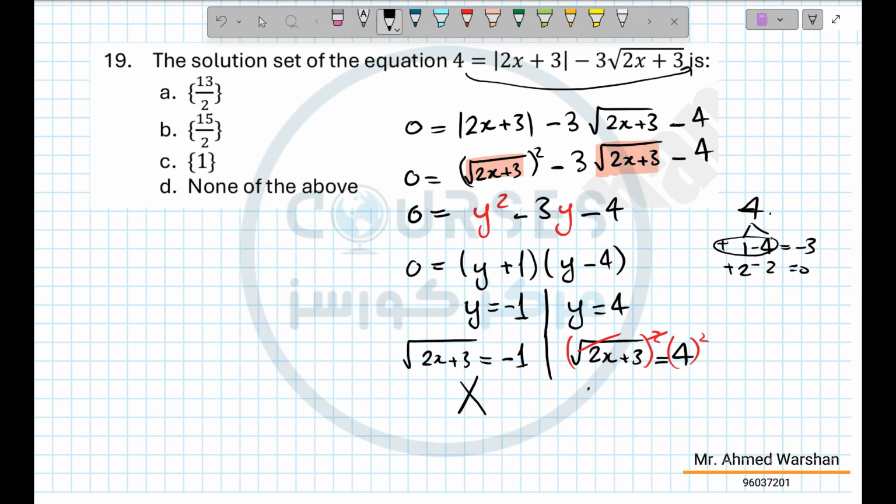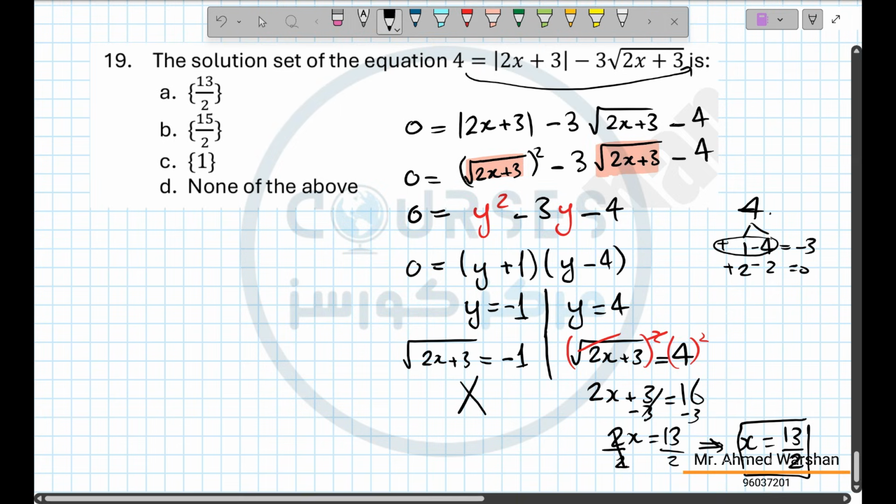So you will end up with 2x plus 3 is equal to 16. Move the 3, minus 3. So 2x is equal to 13. Divide by 2. You end up with x equal to 13 over 2, which is A.